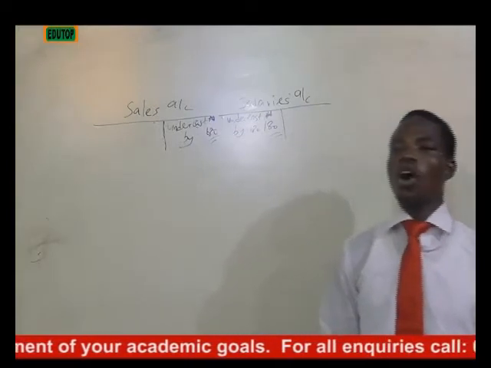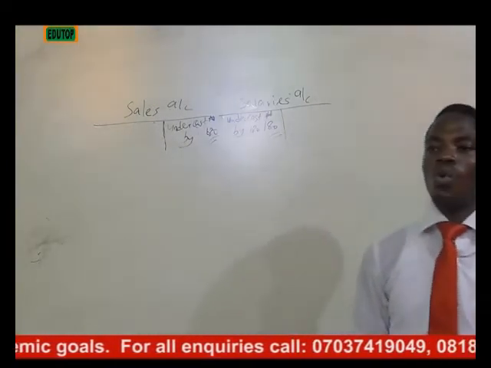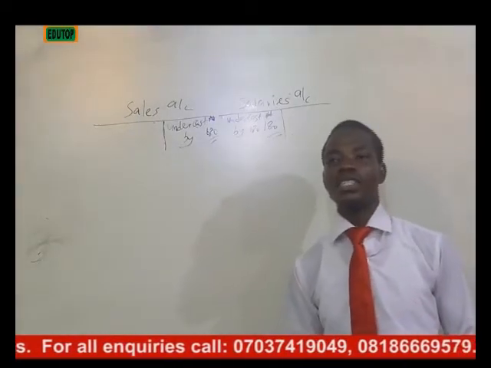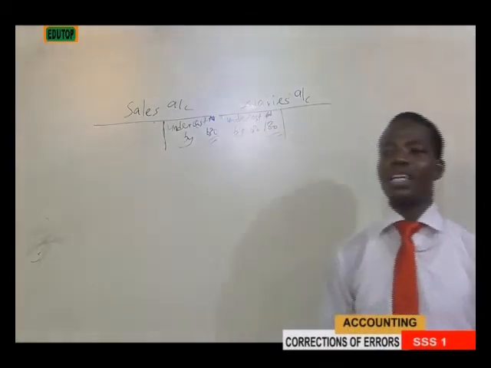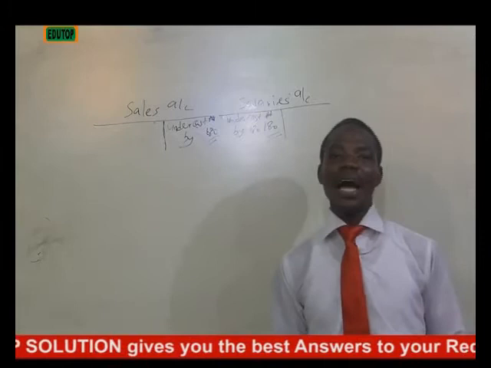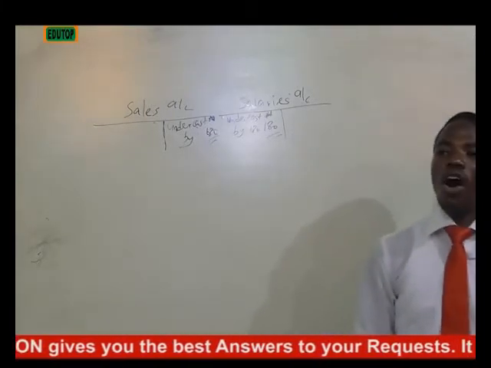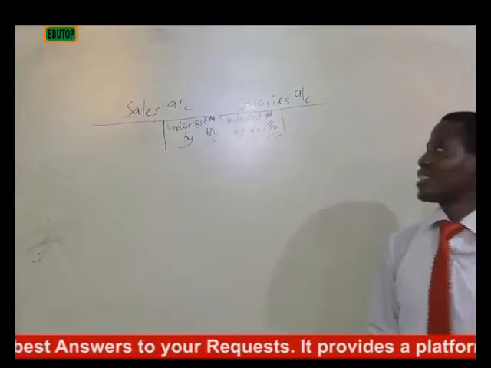Now we're going to complete reversal of entry. When we're talking about complete reversal of entry, this error occurs when the double entry principle for a transaction is reversed, whereby the account that ought to be debited is credited and vice versa.